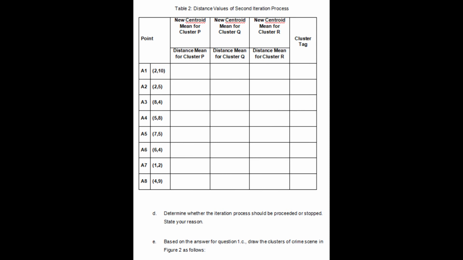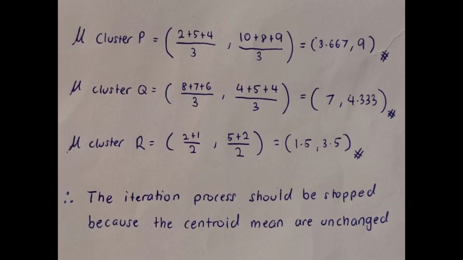For question D, determine whether the iteration process should be proceeded or stopped. State your reason. To determine this, it depends on the centroid mean. If the centroid mean after the second iteration remains unchanged, the process should be stopped.